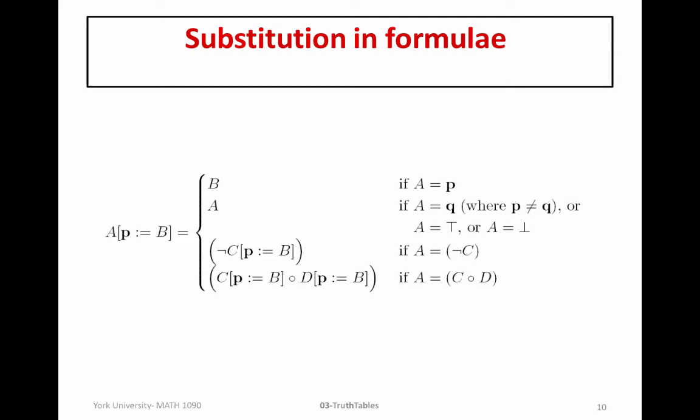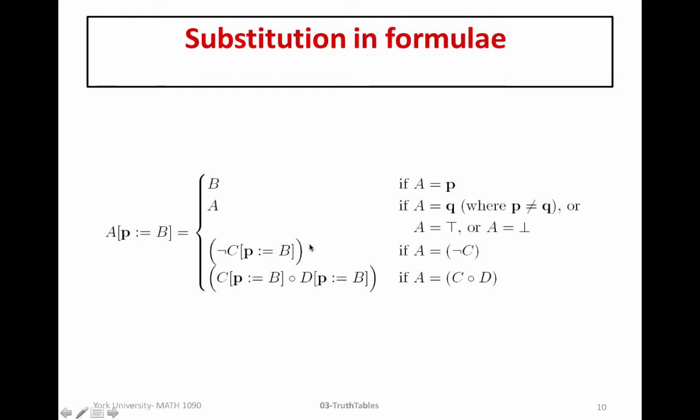The next step in constructing a formula is to consider A as not C for some well-formed formula C. In this case, we just apply the rule that substitution is of highest priority. So we simply apply substitution in C. Wherever we see P in C, we replace it by B, and then we negate that substitution.